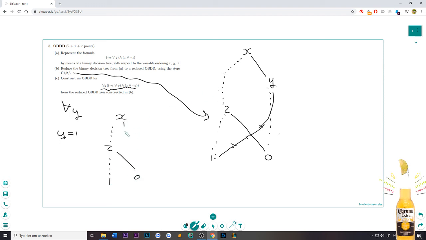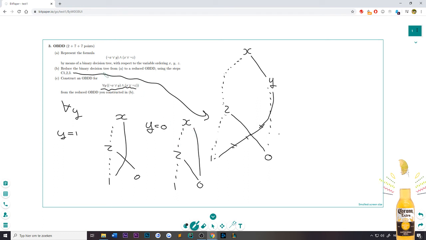And then x true is just going to go to 1. And for y is 0, we're going to take this one here, and draw it like this. And now this is going to go to 0, just as with the z here. So we've drawn y is 1 here, and we've drawn y is 0 here.